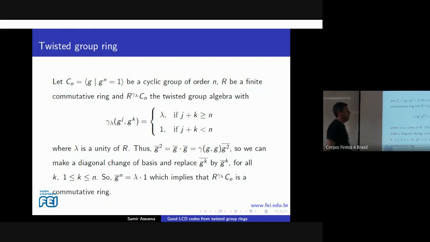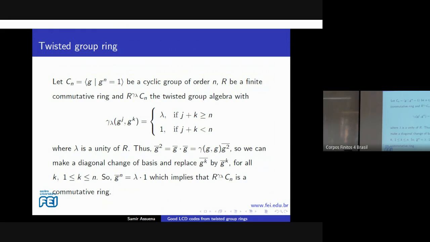What happens is, in this case, we can replace these elements by g bar to the k. Okay? But the crucial difference here is that when you compute g bar to the n, we have here lambda times 1, not exactly 1. When we obtain exactly 1, we are in the case of group algebras.